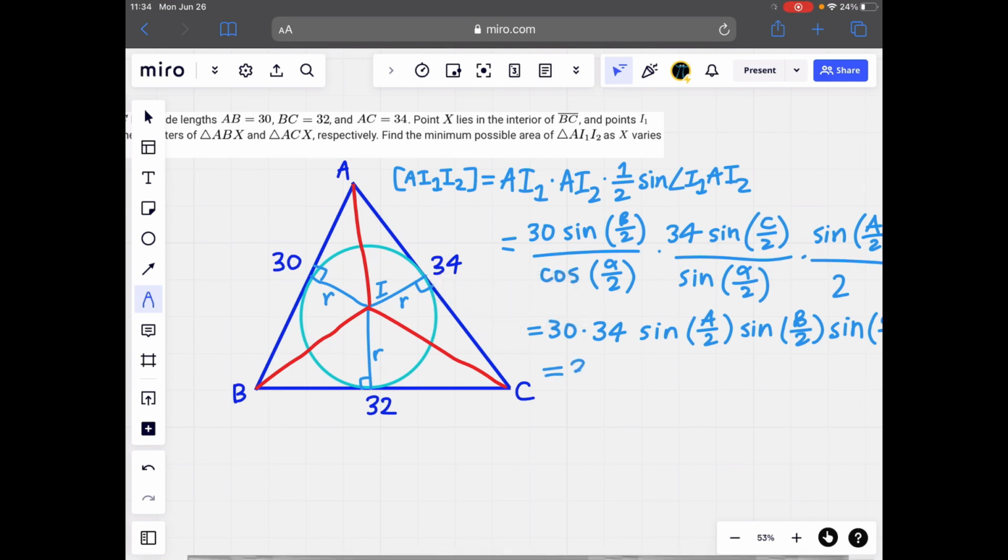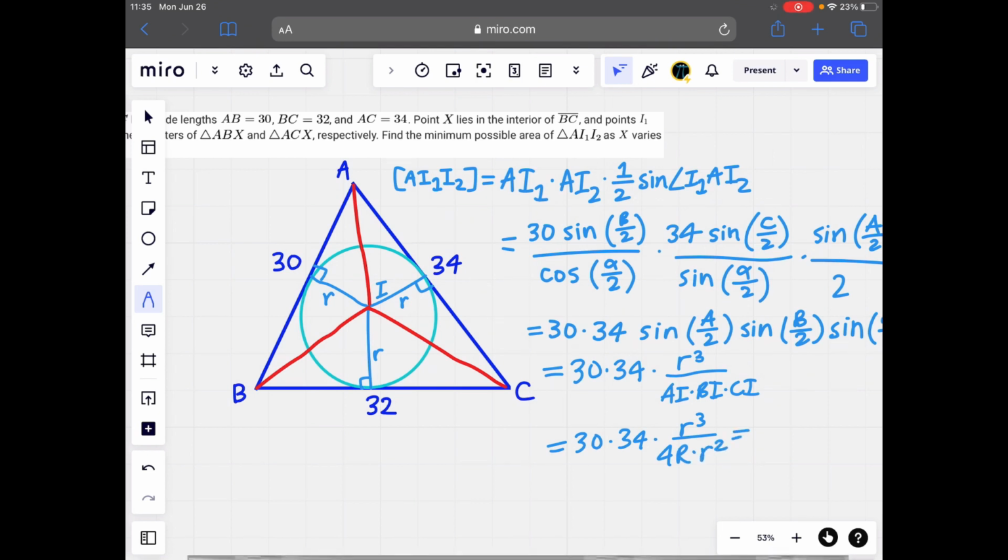So we can write the area as 30 times 34 times r cubed over AI times BI times CI. It's known that AI times BI times CI is equal to 4 times big R times little r squared. So we can write 30 times 34 times r cubed over 4 times big R times little r squared.